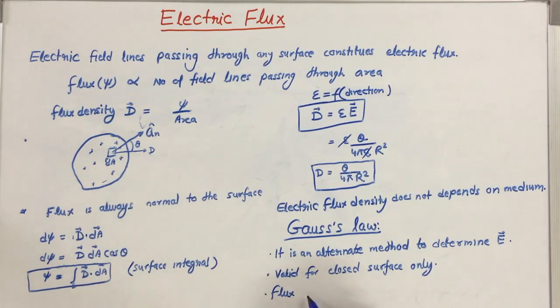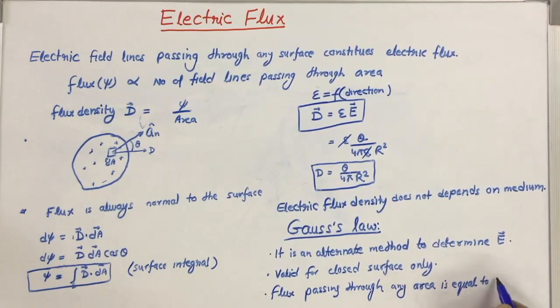So we can write it in the same form as flux passing through any area is equal to the charge enclosed by the surface.